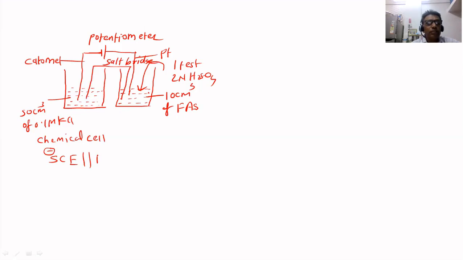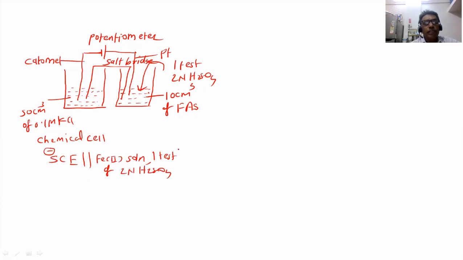In the right hand side beaker, we take diluted Fe-second solution, 10 ml, and in that solution we add one test tube of 2 normal H2SO4 solution.